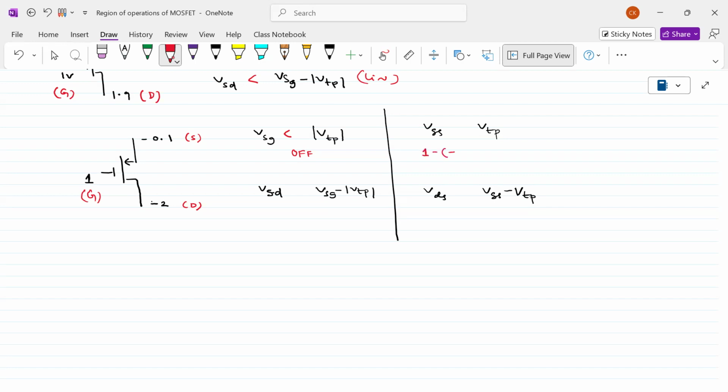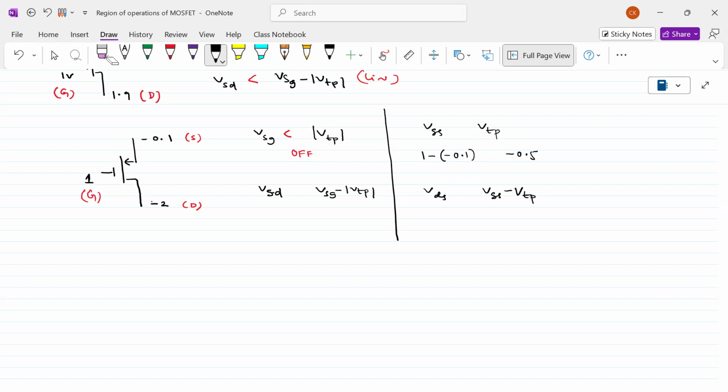Gate is at 1, minus of minus 0.1. This is minus 0.1, right? The source is at resistance. VG at 1 minus of minus 0.5. What is the VTP? Minus 0.5.